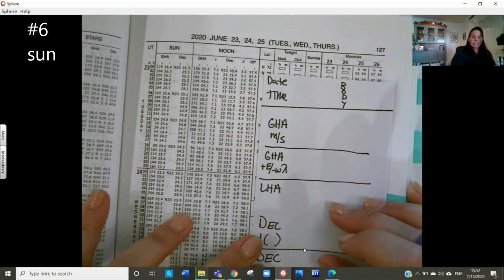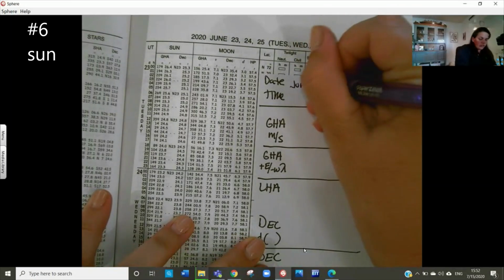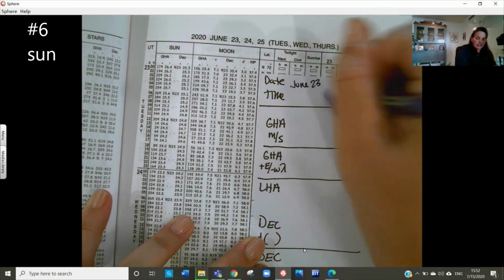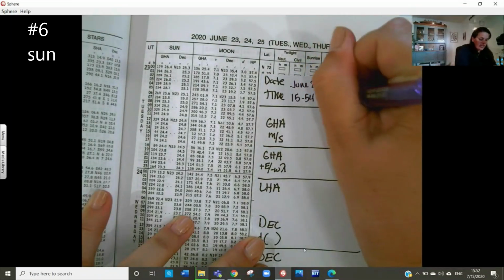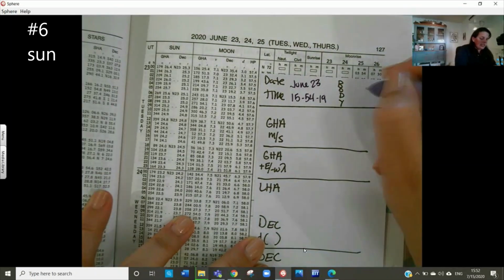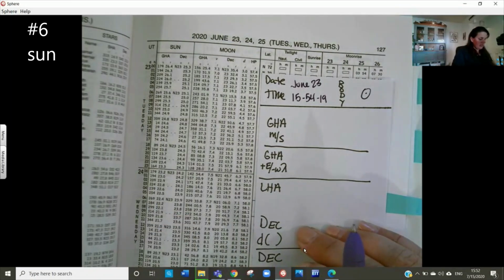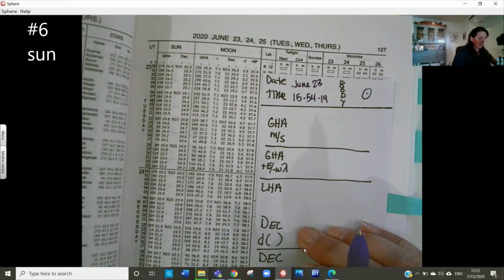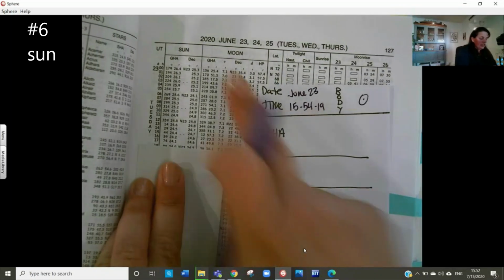Okay, number 6, we have a date of June 23rd at a time of 15:54:19. The body we are observing is the sun, so we can get our information here. We are on June 23rd.